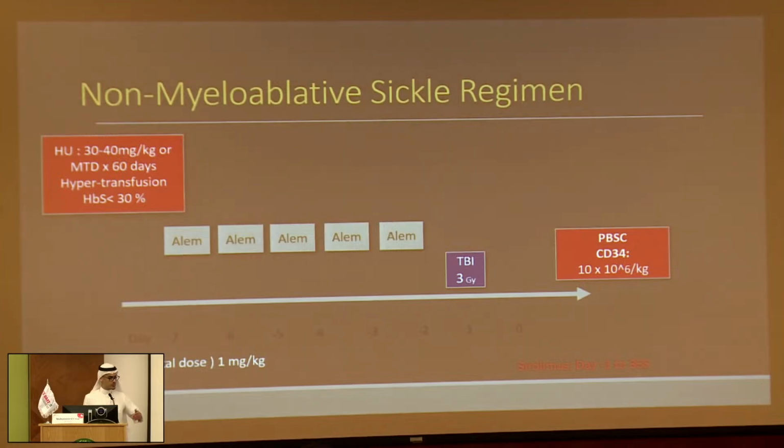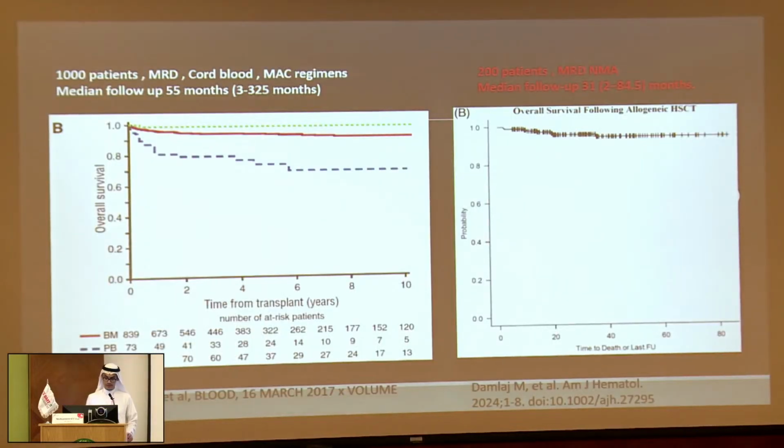But before that, those patients get hydroxyurea 30 to 40 milligram per kg for at least 60 days with hypertransfusion, and that made an excellent outcome. And as you see here on the side, compared to the outcome published earlier in 2017, with a good follow-up, it's in a higher range, with an overall survival of around 90-plus percent.